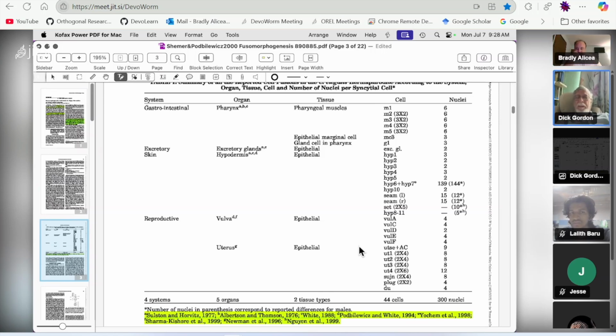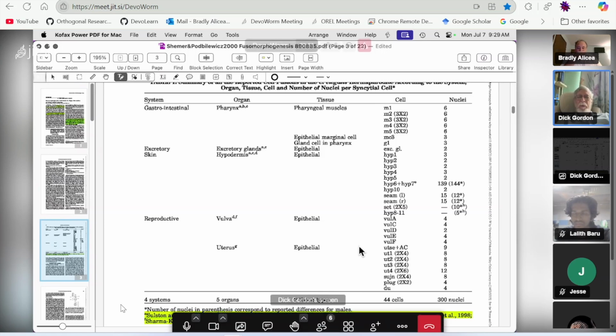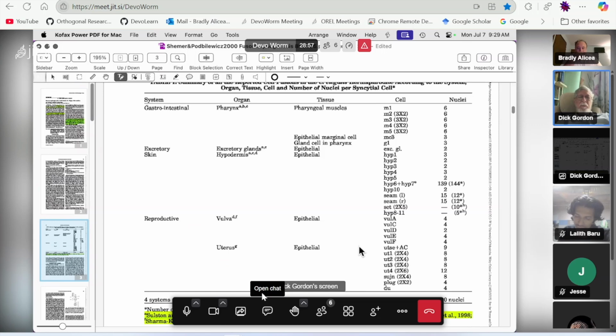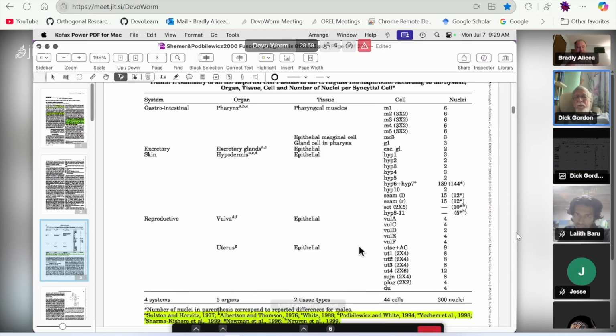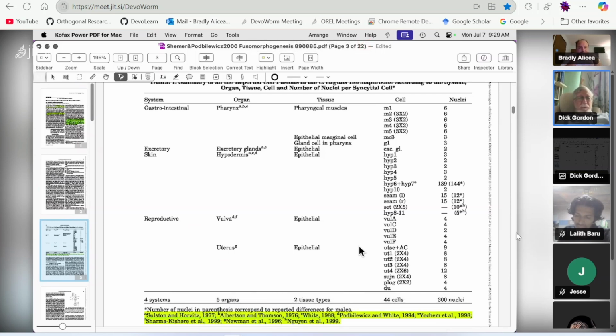So I think it's a weird thing that's missing from the literature, because there's lots of work on syncytial cells in C. elegans, but nobody seems to have modified the lineage tree to account for that. Yeah.